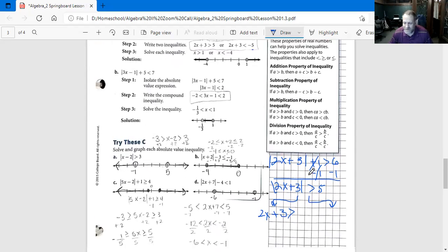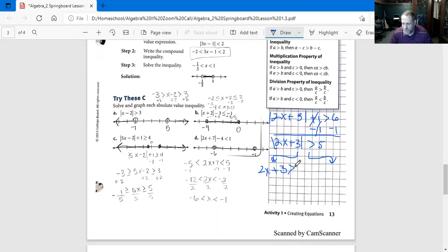But guys, on this next one, 2x plus 3, remember, we have to change this 5 to -5, right? When it's a negative here, the sign is flipped this way, okay? So 2x plus 3 is less than -5.